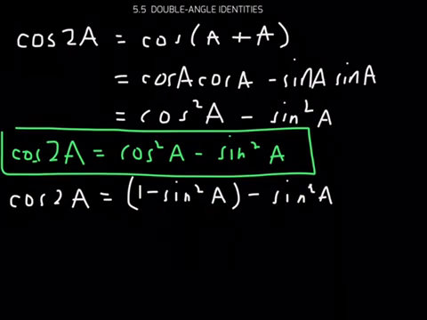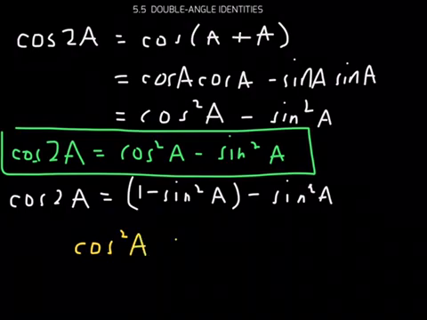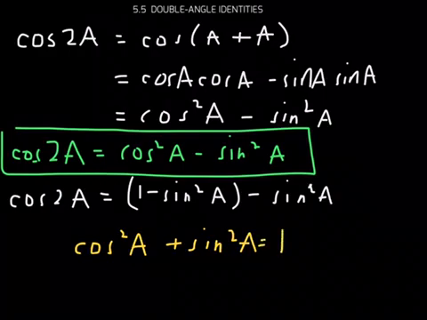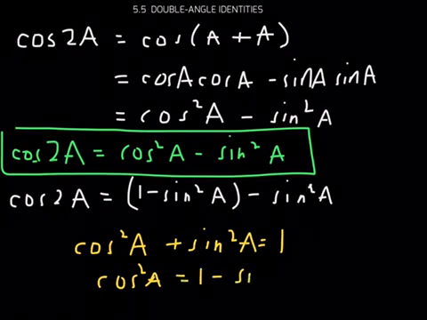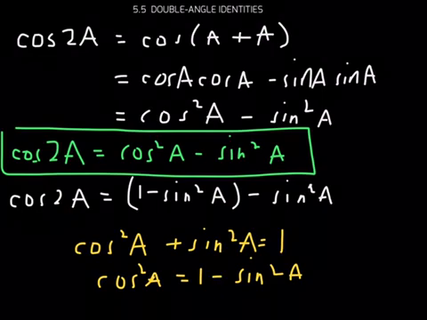Cosine squared of a plus sine squared of a is equal to 1, which basically leads to cosine squared of a being the same as 1 minus sine squared of a. So this is the substitution I just made. I replaced cosine squared of a with 1 minus sine squared of a by the Pythagorean identity.